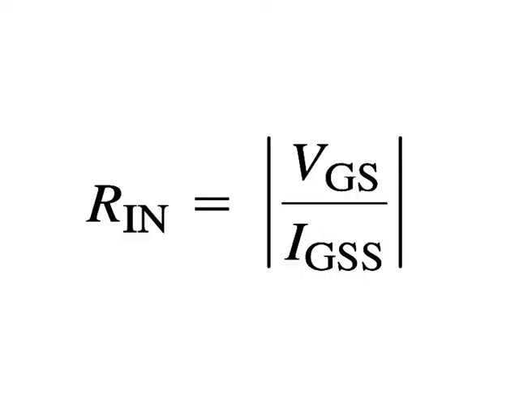JFET data sheets often specify the input resistance by giving a value for the gate reverse current IGSS at a certain gate to source voltage. The input resistance can then be determined using the following equation: RIN is equal to VGS over IGSS, where the vertical lines indicate an absolute value.